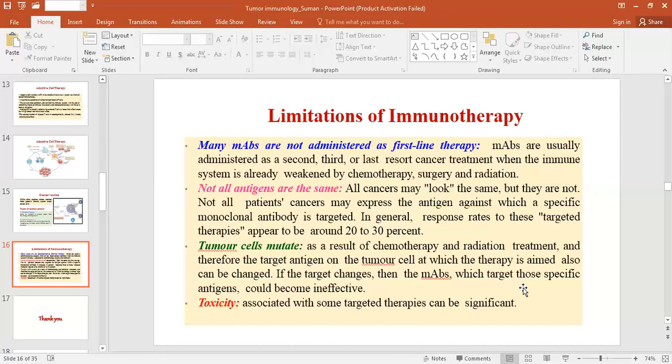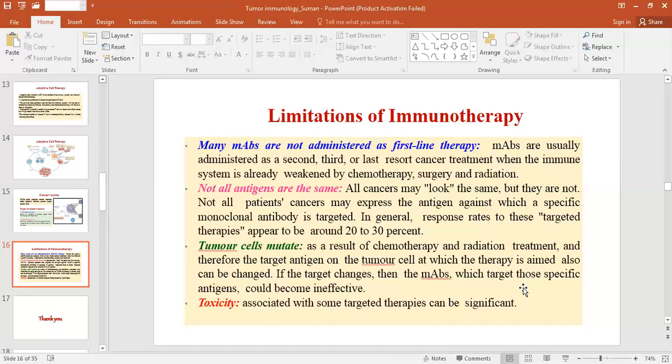The second one is that not all antigens are the same. All cancers look similar, but they are not. Not all patients' cancer may express the antigen against which a specific monoclonal antibody is targeted. In general, the response rate of these targeted therapies appears to be only 20 to 30%, because there is a variety of surface antigens, and they vary from patient to patient.